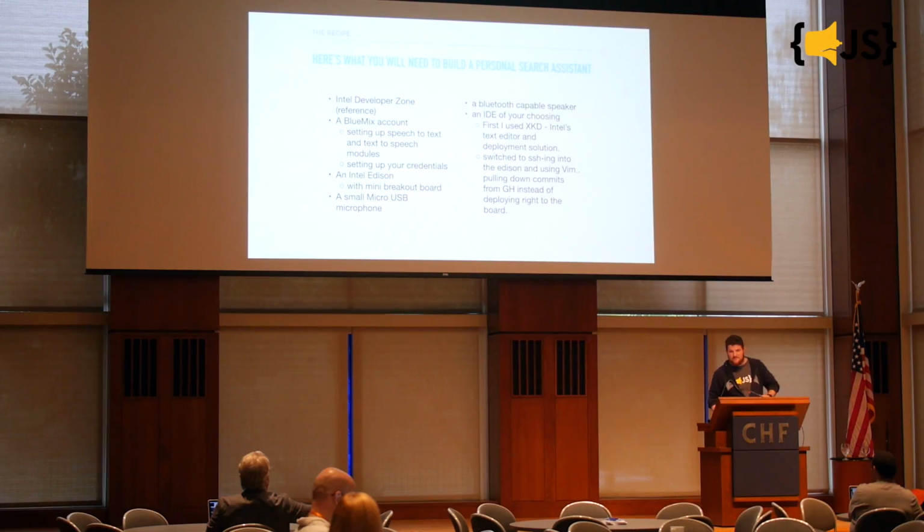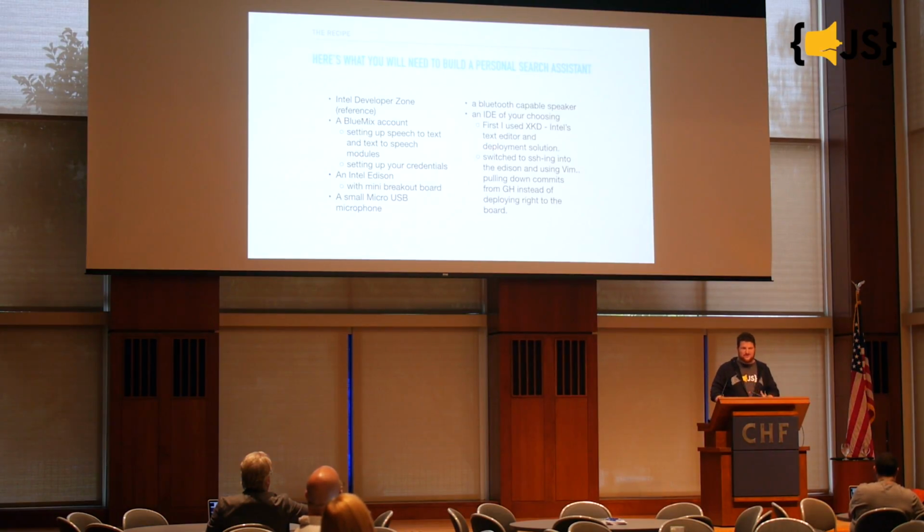An Intel Edison, which I have sitting here. I can't pick it up too much right now because it's really wired in. And I used the mini breakout board, which is pretty small because I wanted this to be a real small form factor. But you can do this just as easily with the full breakout board. You're going to need a small micro USB microphone, a Bluetooth capable speaker, and an IDE of your choosing. At first, I was using Intel's recommended XDK text editor and environment.